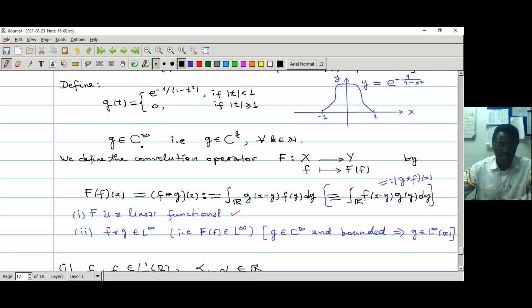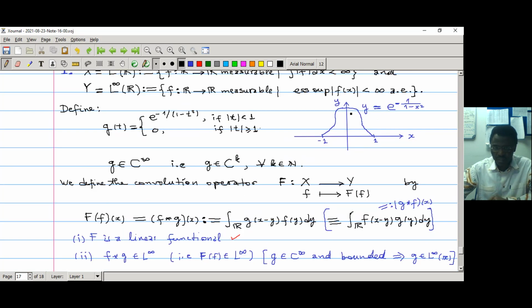Is it C infinity, and it's bounded. You can even see from the graph that it's bounded. So because it's C infinity, it's bounded. While it's bounded, the essential supremum is finite, because if I'm bounded, I can write that I'm less than or equal to a fixed constant for any x.